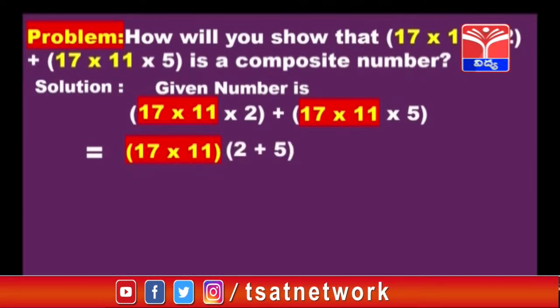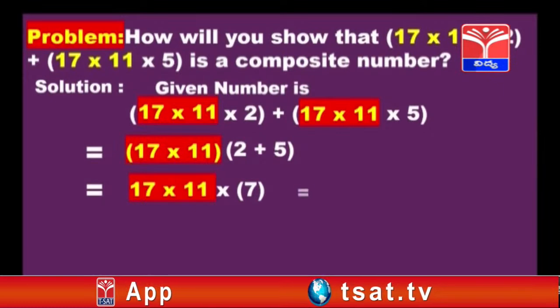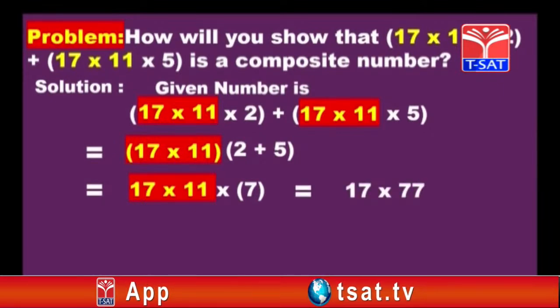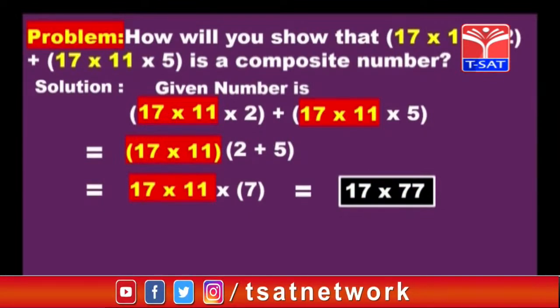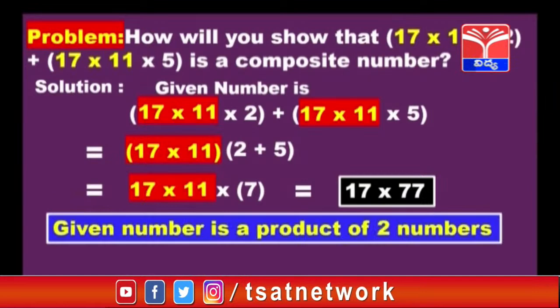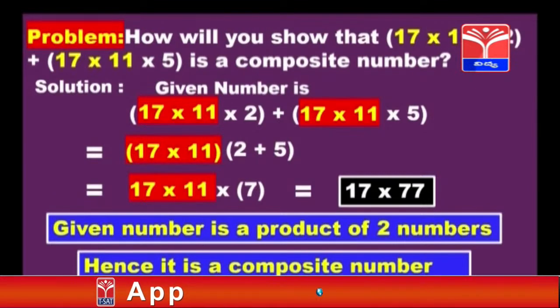So 17 into 11, and 2 plus 5 is 7. So 17 into 11 into 7, which can be written as 17 into 77. This is a product of two numbers, so the given number is a composite number, hence it is a composite number.